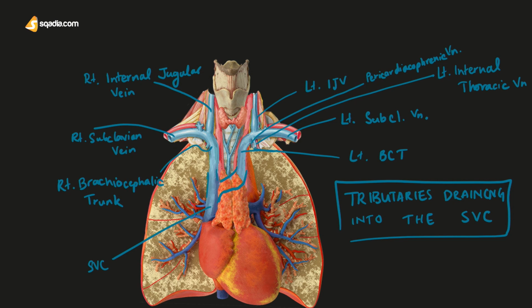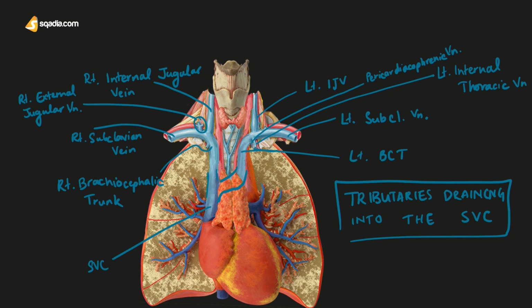After that, we have the external jugular vein. This drains into the subclavian vein just posterior to the clavicle and just above the first rib before the subclavian vein enters the superior thoracic aperture. So this is the external jugular vein right over here. Now the external jugular vein also gives a branch called the anterior jugular vein.